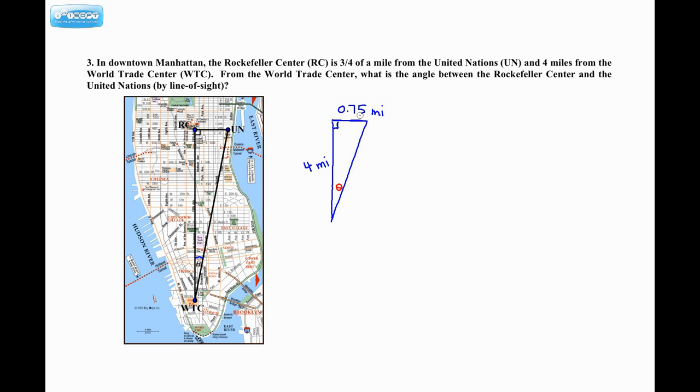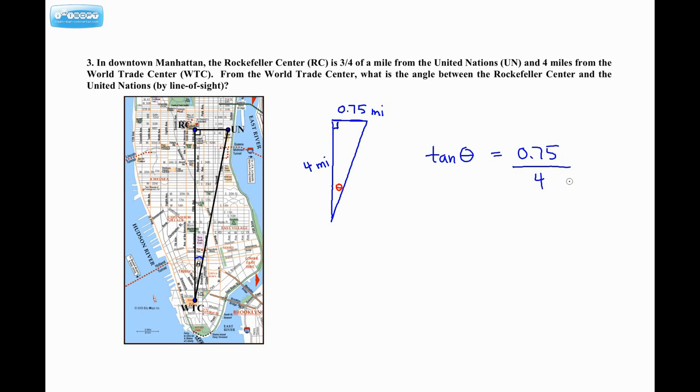So this 0.75, that is the opposite. This 4 is the adjacent, so we get to use tangent. But we don't have the angle, so we're actually going to have to use the inverse this time. So let's set up the original definition of tangent. So the tangent of theta is 0.75 divided by 4. Okay, these are both in miles.